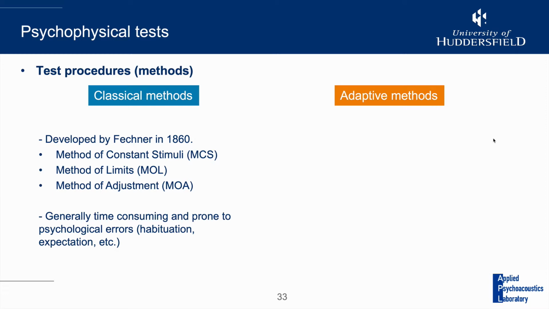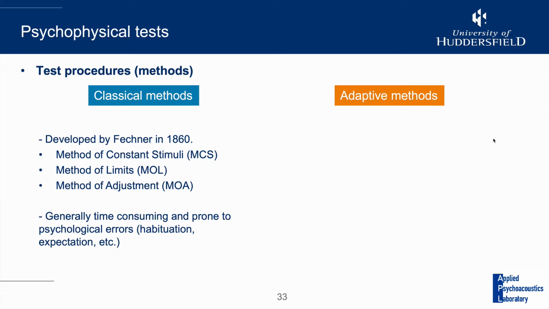The method of limits measures a threshold by running multiple tests that present the stimuli in either ascending or descending order of intensity. So this test does not require a psychometric function to estimate the threshold, but it asks the subject to find the threshold at each sitting with multiple trials presented in ascending or descending orders.